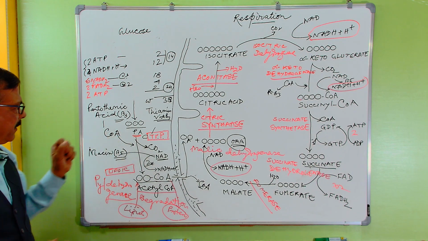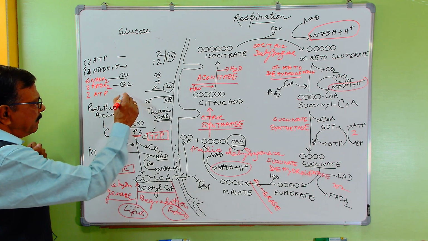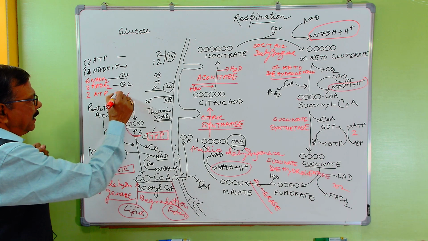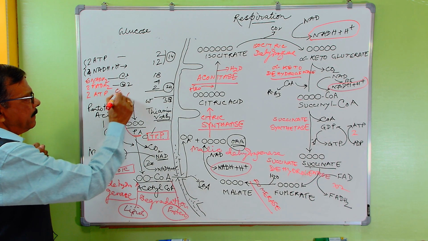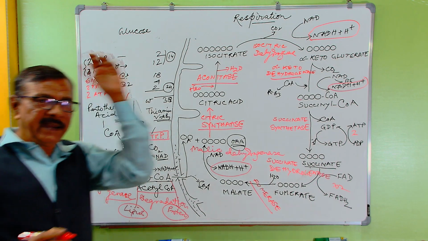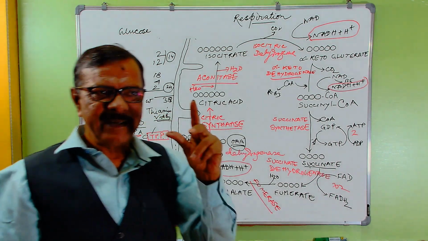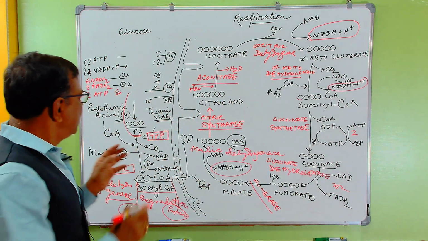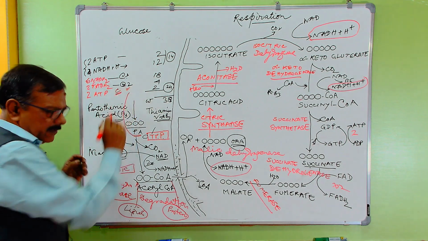And pyruvic acid can be produced in the cardiac muscle and in the liver with the help of lactic dehydrogenase.